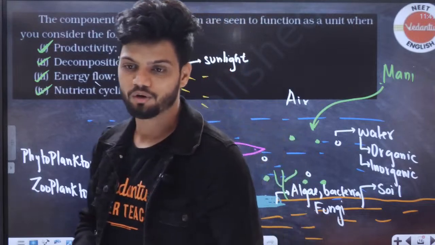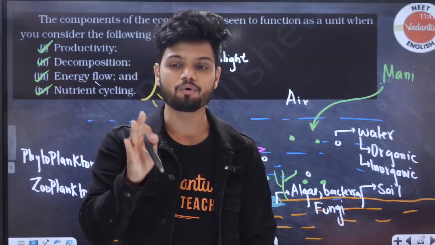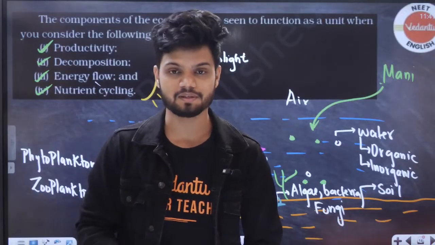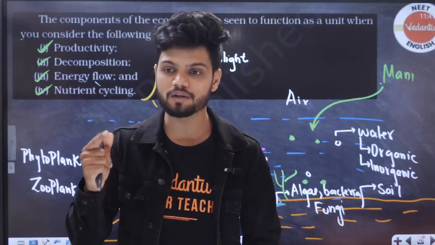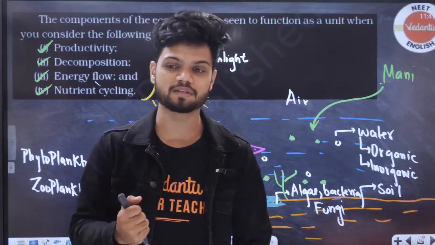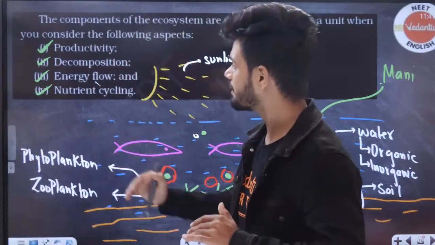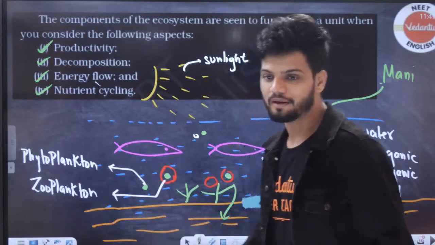These are called your four different pillars of the ecosystem. Done? All of you understood? Yes or no? This is called your four pillars of ecosystem, and each and every one of them we will be learning in today's class.